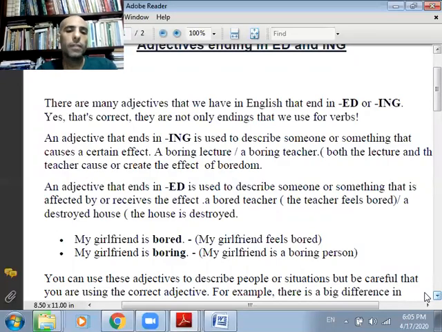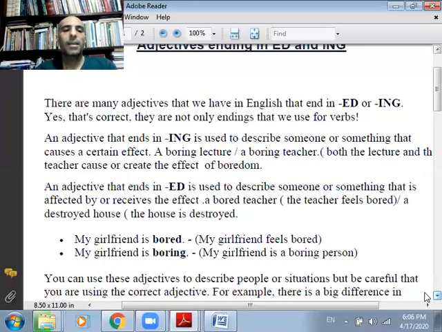An adjective that ends in ing is used to describe someone or something. And we remember that long ago some teachers in secondary school told us that ing is used to describe things, whereas the ed adjectives are used to describe persons. And of course this is not correct. Let's say this cannot be generalized as a rule in grammar.